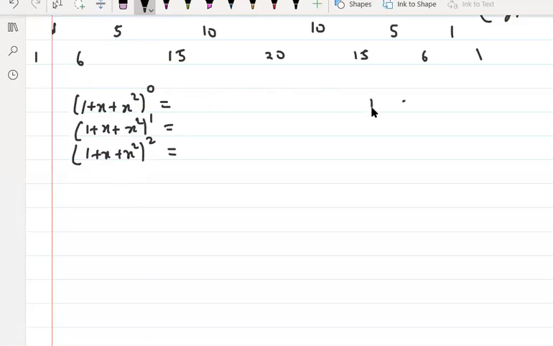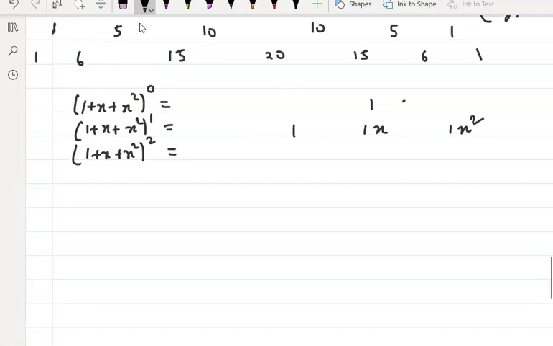Now, 1 plus x squared to power 1 is what? Same only, right? So it is 1 plus x, 1 into x plus 1 into x squared. Agree?